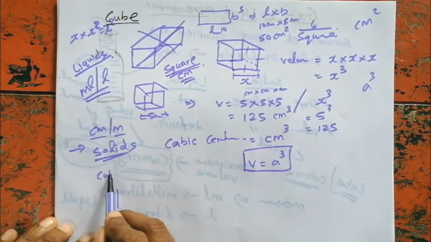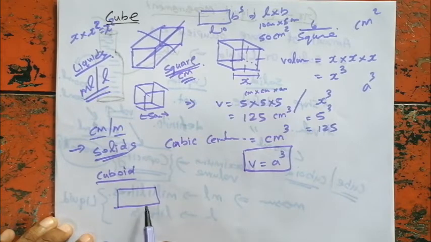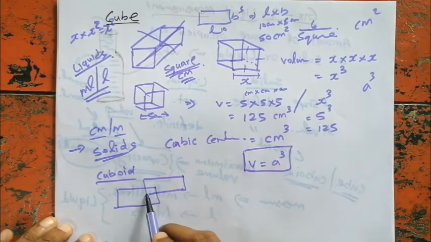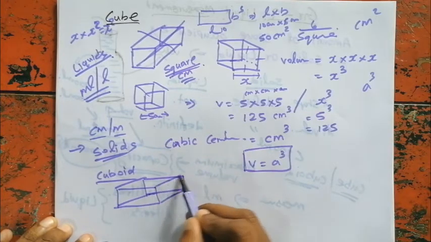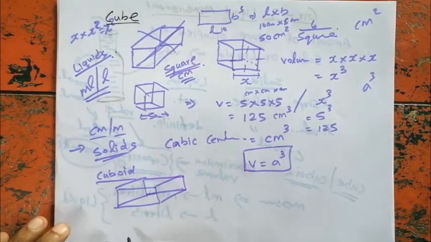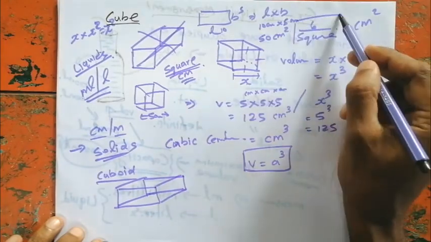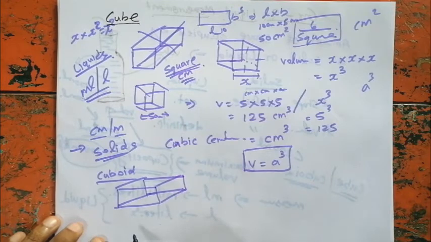So let's take a cuboid. Draw a rectangle, and with it touching, draw another rectangle inside, so you'll have a cuboid. The cube has 6 faces, and the cuboid also has 6 faces.